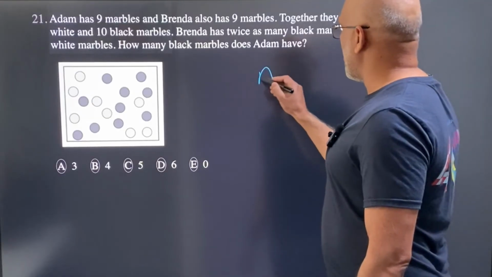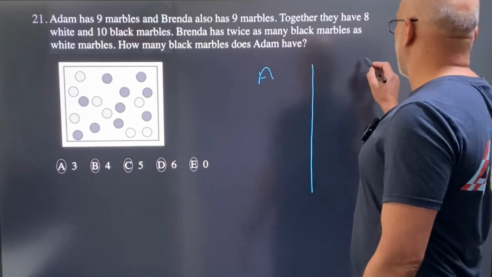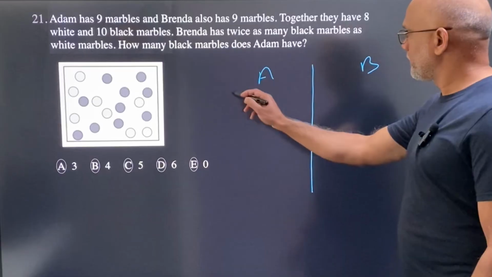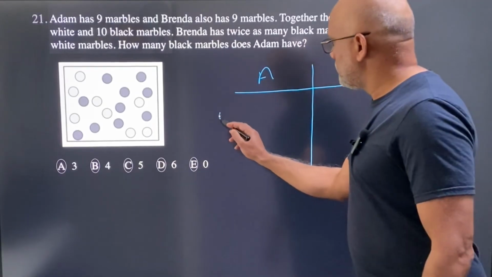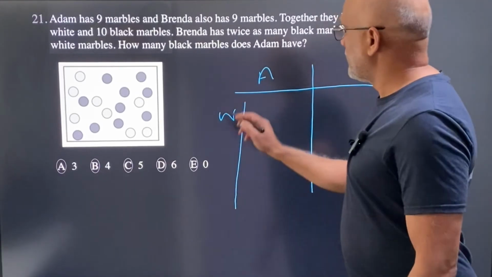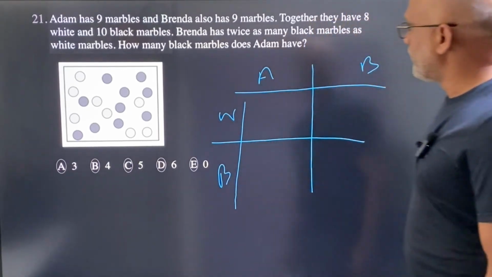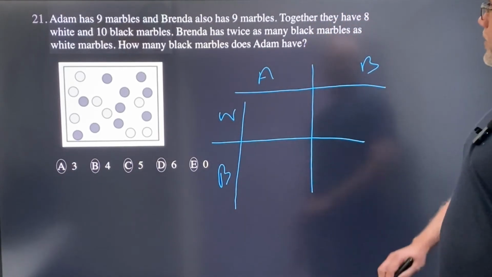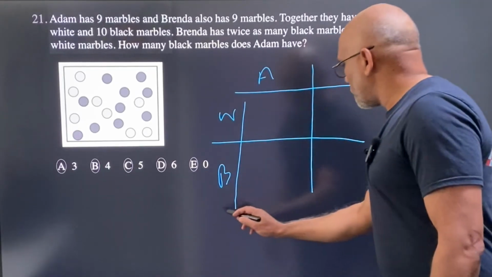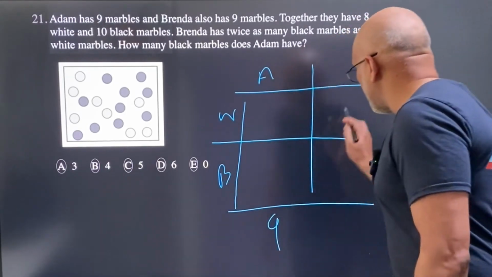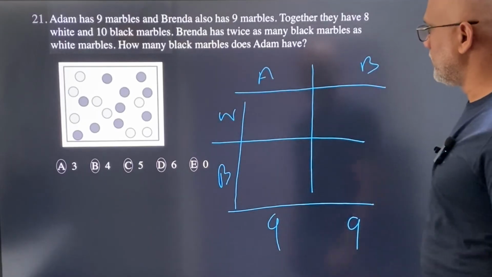Let me say A for Adam and B for Brenda, right? And W for white and B for black. Alright, so Adam has a total of 9, Brenda also has a total of 9.